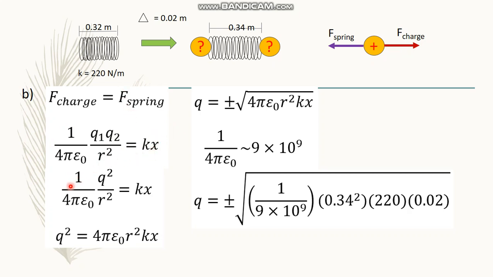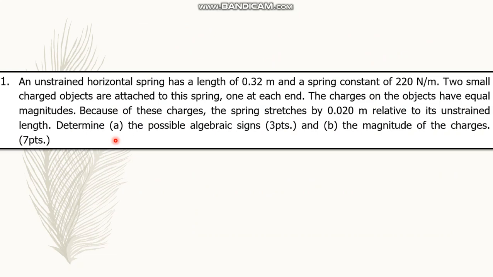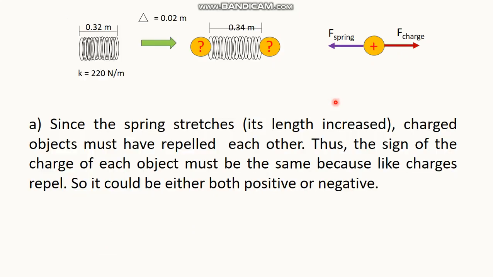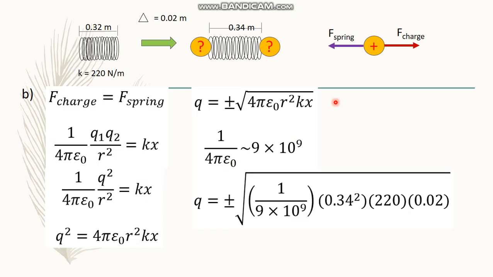Again, Q1 and Q2 are the magnitudes of the charges, and they have the same magnitude. As indicated, the charges on the objects have equal magnitudes, and they also have the same sign.